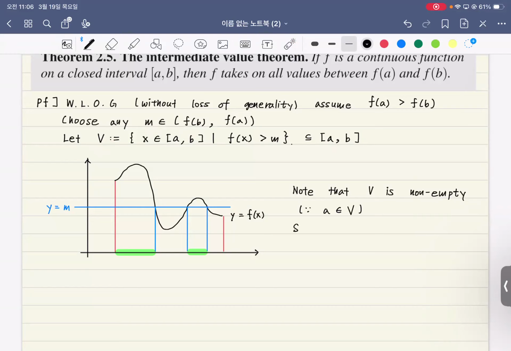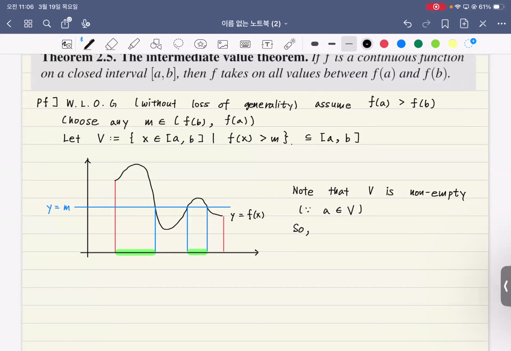So this set V is non-empty, and it is bounded above and bounded below, because it is a subset of the closed and bounded interval. And remember, because of the least upper bound axiom, every bounded and non-empty set must have a least upper bound.